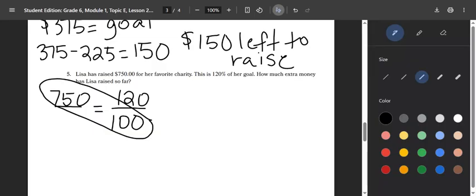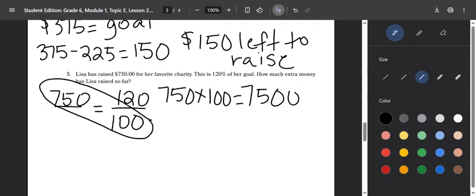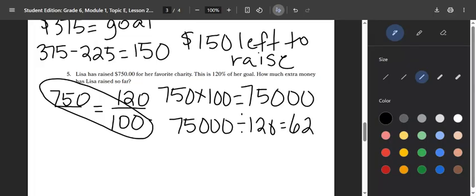So that's 750 times 100, which is 75,000. And then 75,000 divided by 120 is 625.